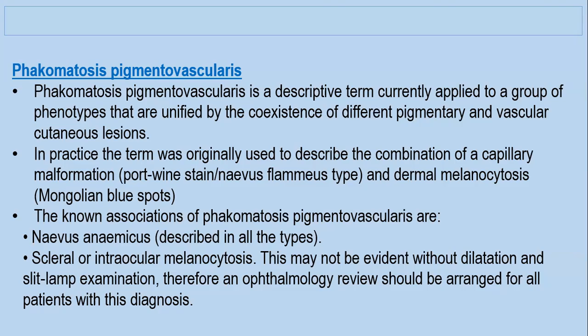The known associations of Phakomatosis pigmentovascularis are nevus anemicus and scleral or intraocular melanocytosis. And this may not be evident without dilatation and slit lamp examination of the eye. Therefore, an ophthalmological review must be arranged in such patients.